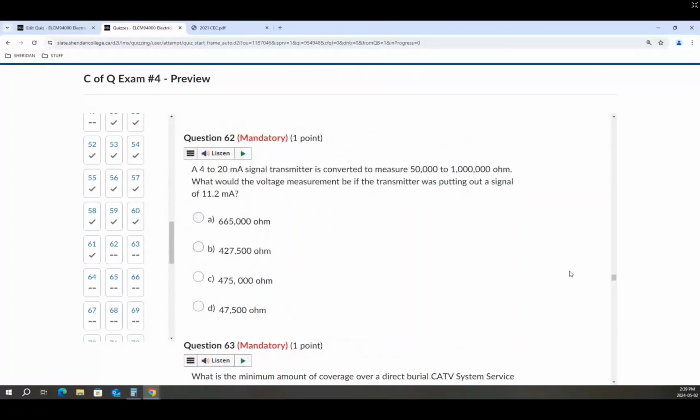Number 62. A 4 to 20 milliamp transmitter is converting 50,000 to 1 million ohms. What would the measurement be if the transmitter was putting out a signal of 11.2 milliamps?